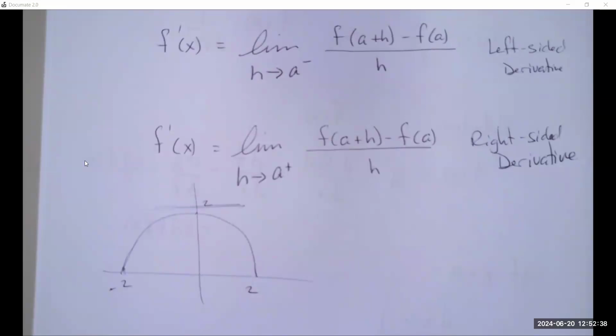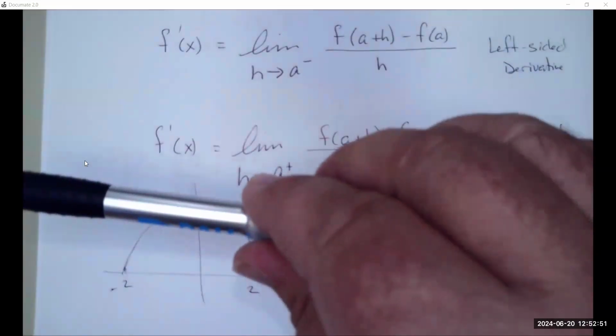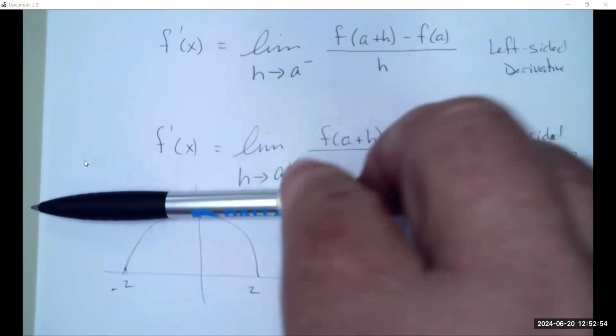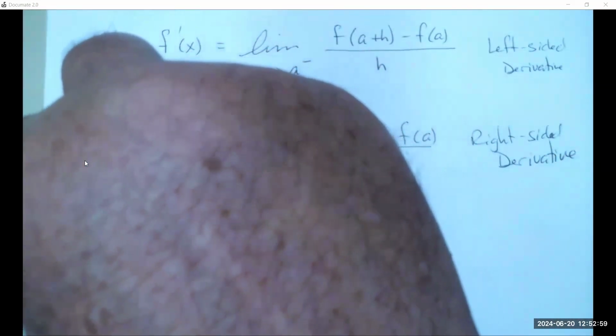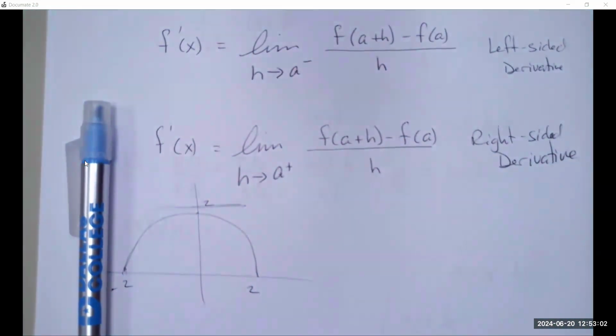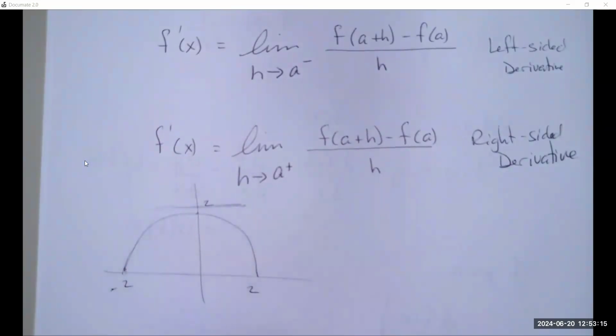What is the line going to look like at -2? The tangent line. Oh, put your pen there. This is your slope line. As it goes to 2, what happens? It's vertical. So what is the slope of a vertical line? Undefined.